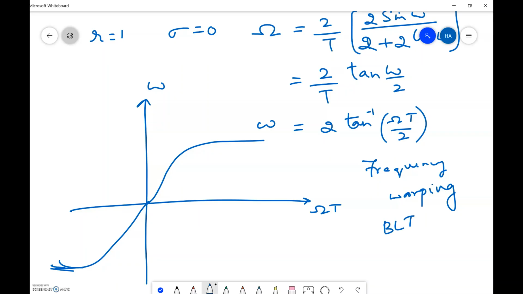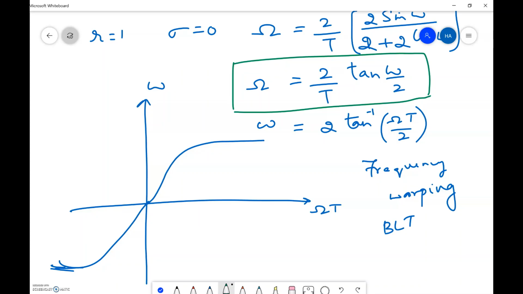So what do we do in order to overcome this frequency warping? Whenever the digital frequency specifications are given to you in the problem, using this relationship of Ω equals 2/T tan ω/2, we find the analog frequencies, then design the analog filter, and then apply the bilinear transformation. So what is happening is, we are using this relationship of the analog and digital frequency 2 times.